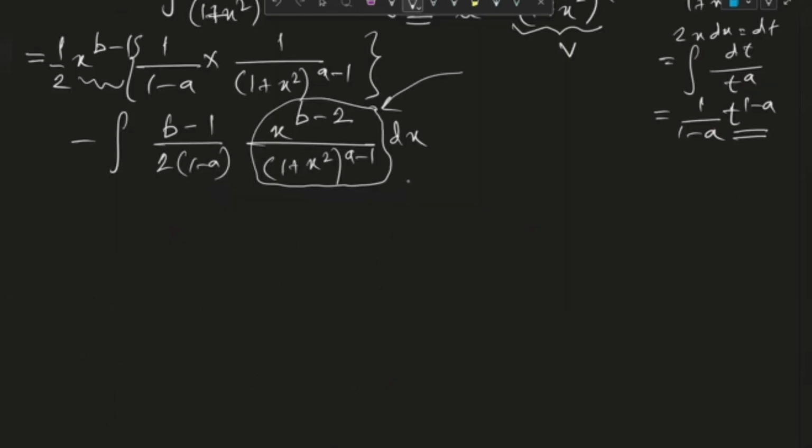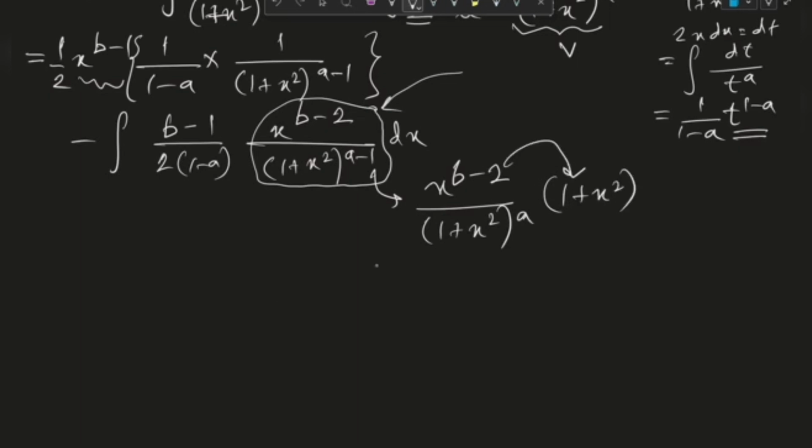I will extend this step and write it out so that you can understand. I am writing only the circled part. Please be careful. This is x^(b−2), and I will keep this (1+x²)^a in the denominator, and this is divided by 1+x², because there is a power minus 1, so that will come to the top and this will become 1+x². So I will basically multiply this with this.